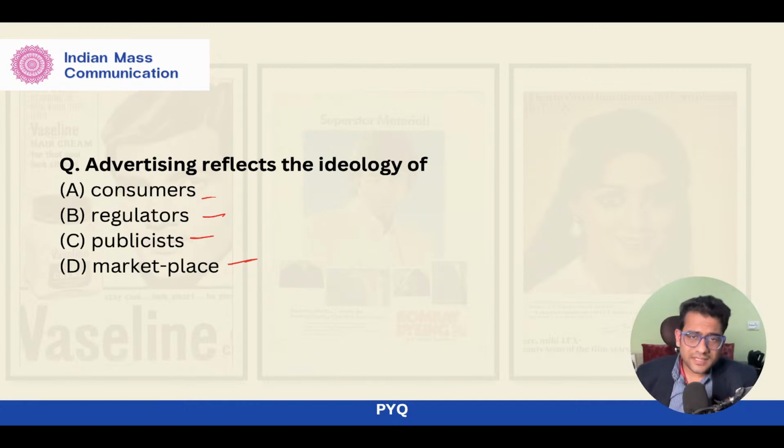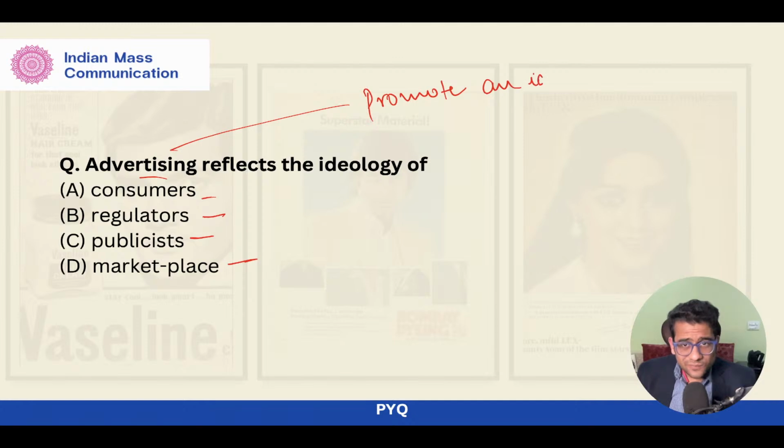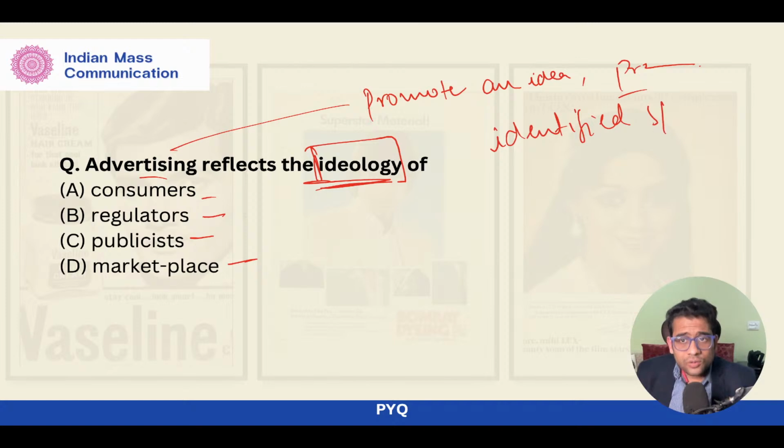So let us run through it again, okay. So advertising is a communication process where you promote an idea, product, service, okay. So it reflects the ideology of an identified sponsor. Who is this sponsor?